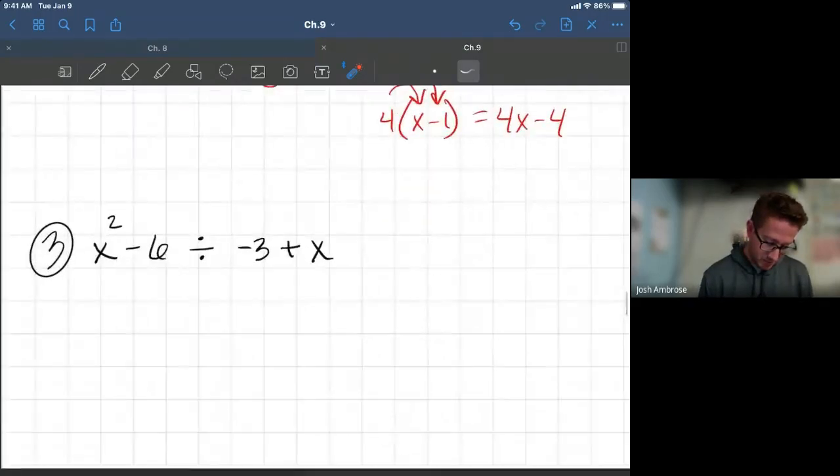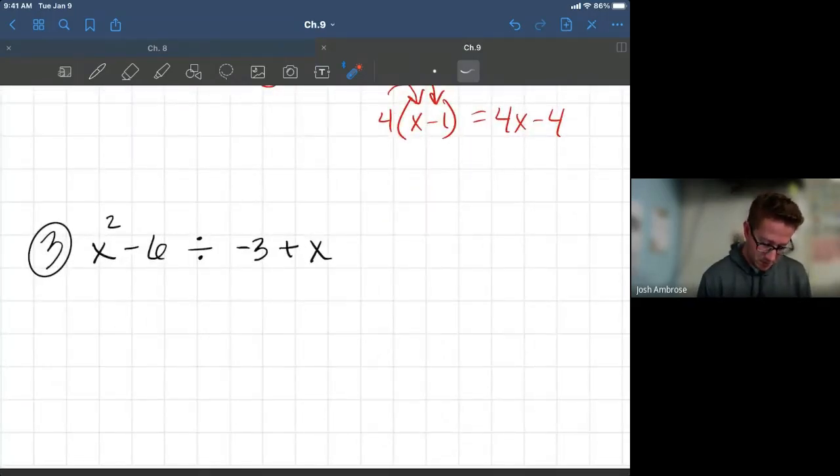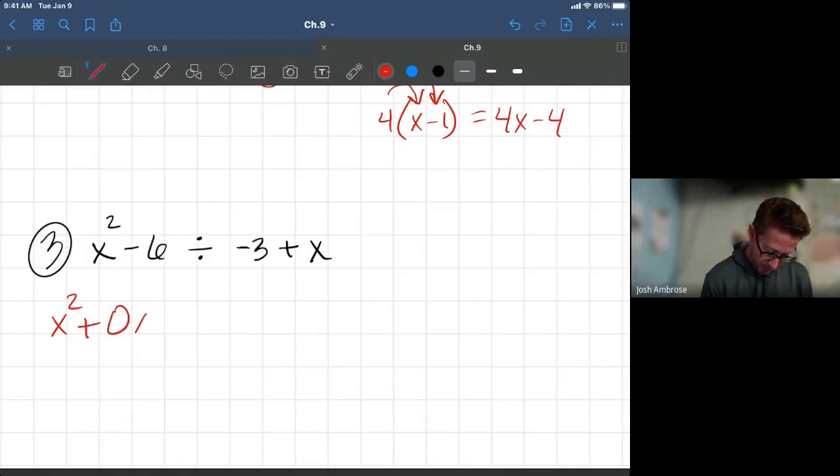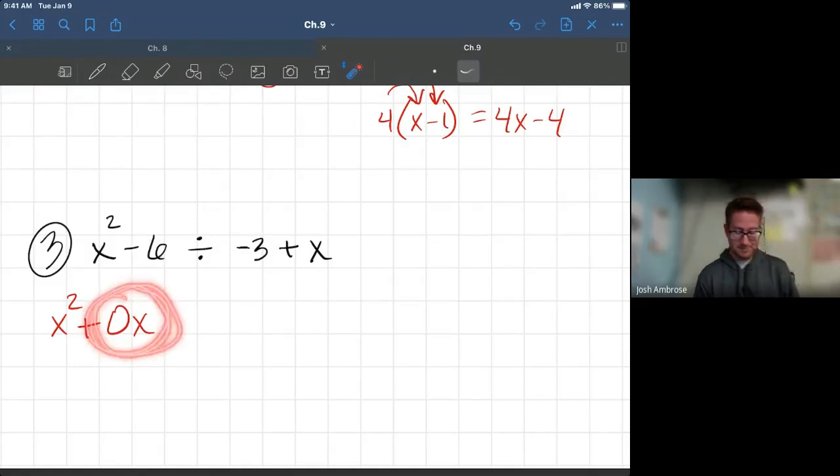All right, here's what we're missing. We're missing the middle term for that polynomial. So we're going to write x squared plus 0x. That's the middle term that we were missing. We had to put it in there.